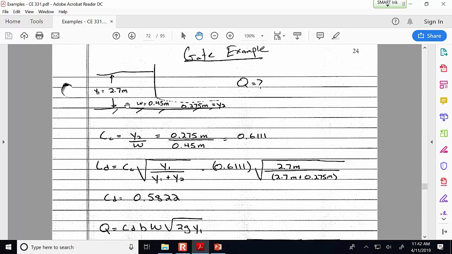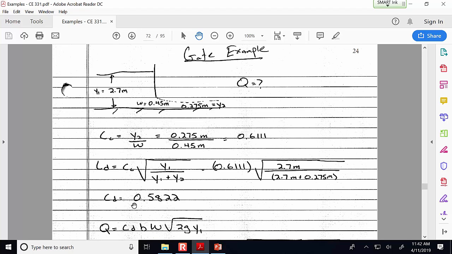Okay, so we know the upstream depth, how high the gate opening is. The width of the gate opening is just that, 1.5 meter width. And then we also know the downstream depth after the water has finished contracting. So the coefficient of contraction is 0.6111.